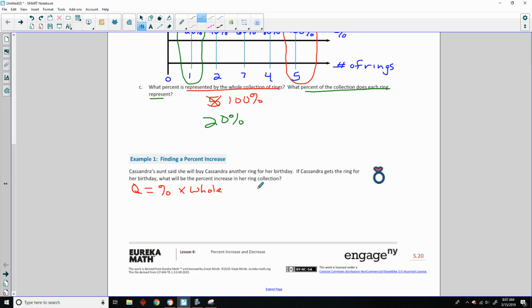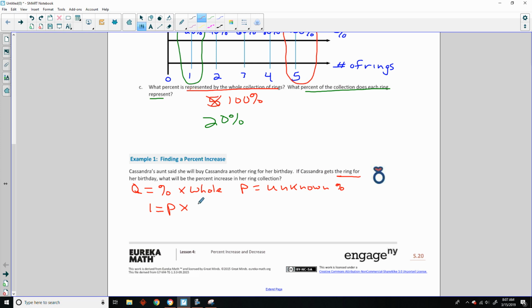So then you let P equal unknown percent. So 100% is 1, or quantity is 1 ring. If Cassandra gets the ring, one ring, the quantity is 1, equals P, unknown percent, times the whole.